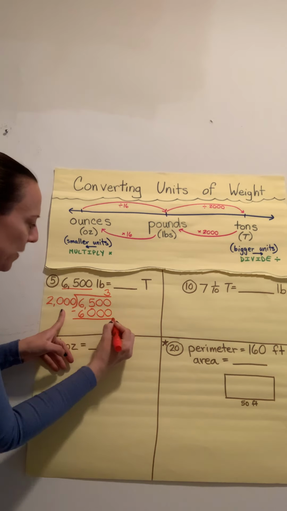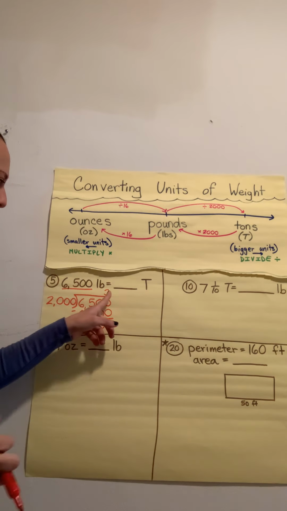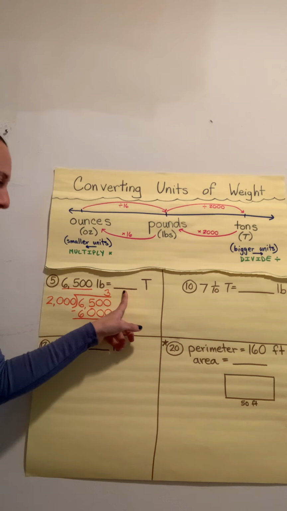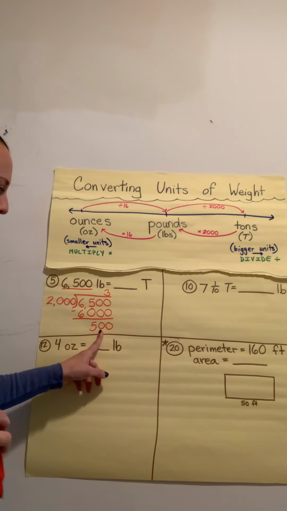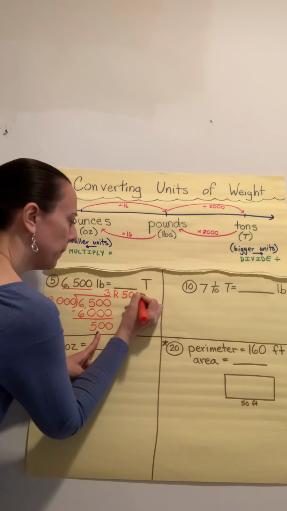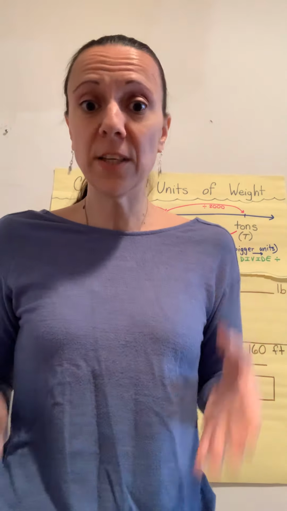After that, it would be 8,000, and that's too big. So when I do 3 groups of 2,000, that means I can make 3 whole tons out of 6,500 pounds. But I still have 500 pounds left over. That's not enough to make another ton. That's my remainder.